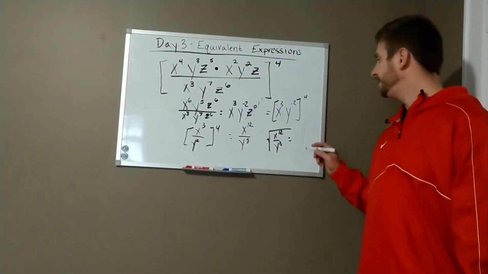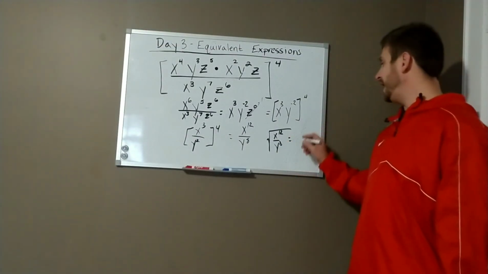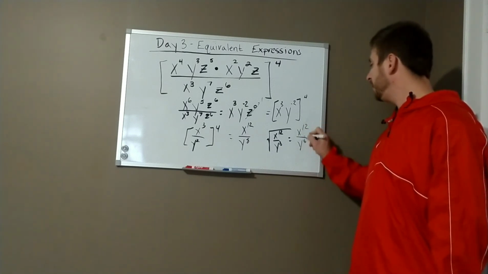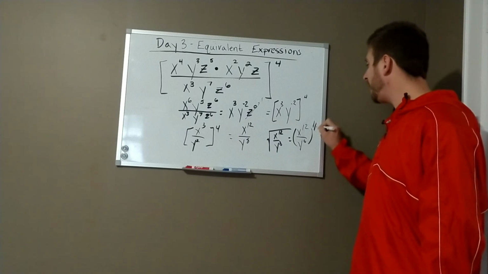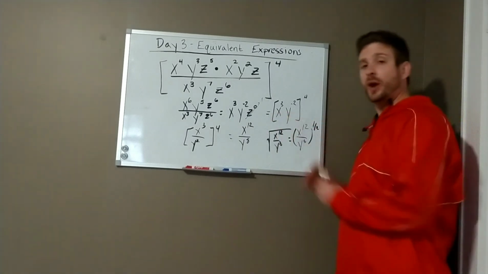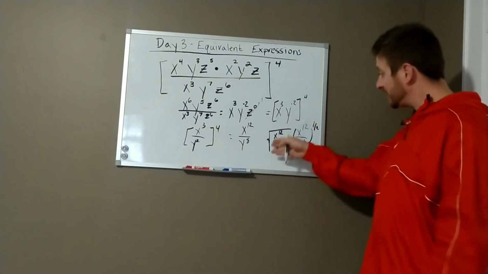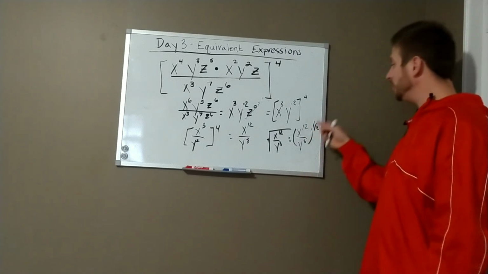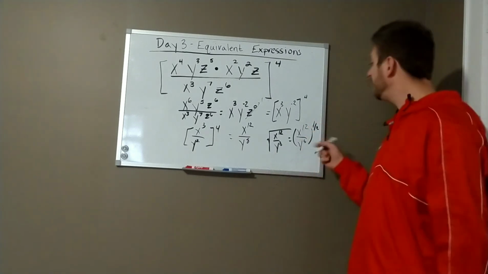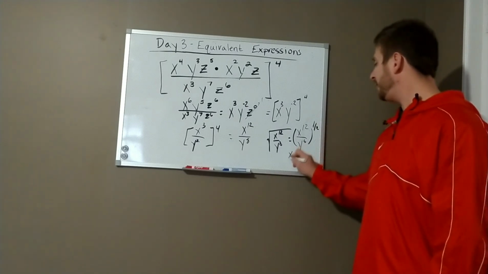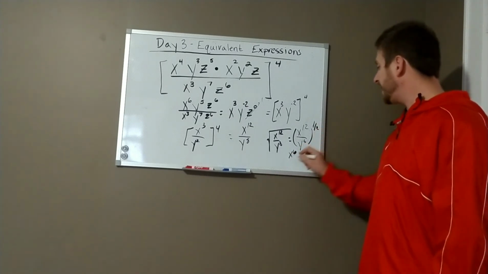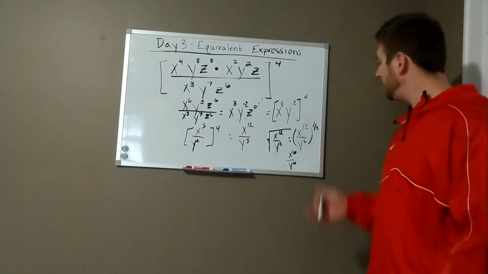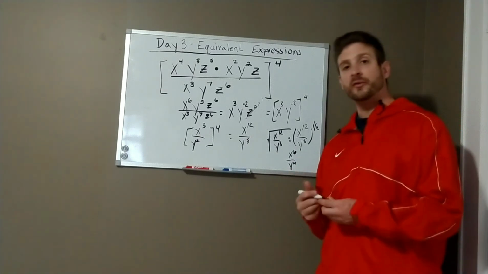That would be the same as x to the 12th over y to the 8th to the 1/2 power. And so this takes us right back into our properties of exponents. It takes us from radicals to properties of exponents. And the power to a power, multiply. So 12 times 1/2 is 6. 8 times 1/2 is 4. And so what we end up with is x to the 6th over y to the 4th.